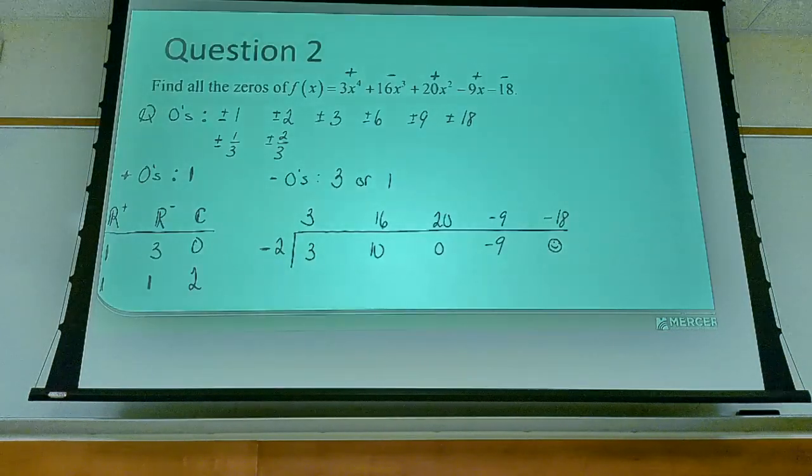That means x plus 2 is a factor. And that's what we're left with when we factor it out: 3x cubed plus 10x squared minus 9.